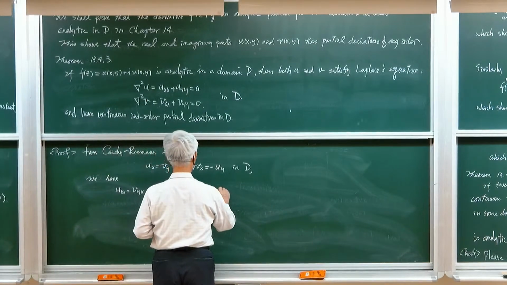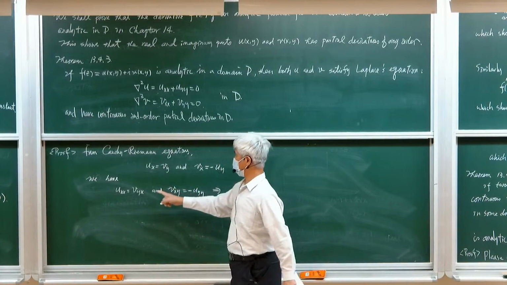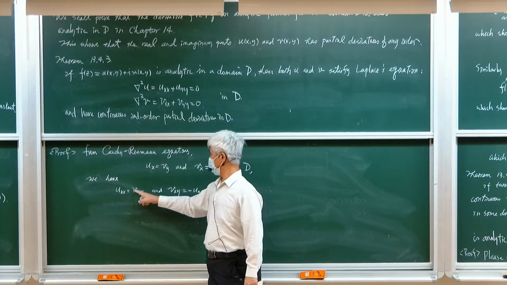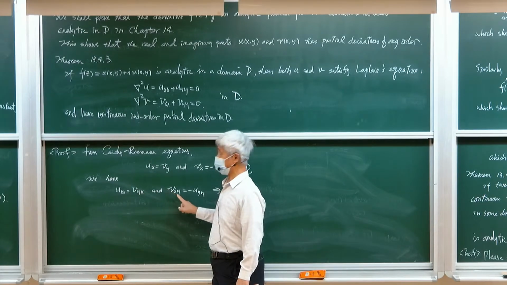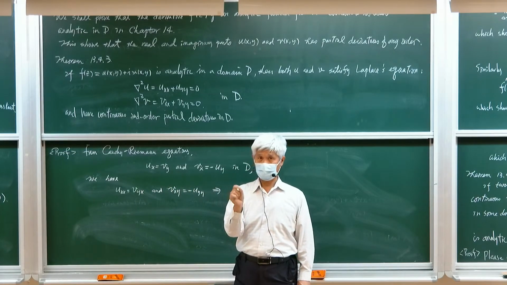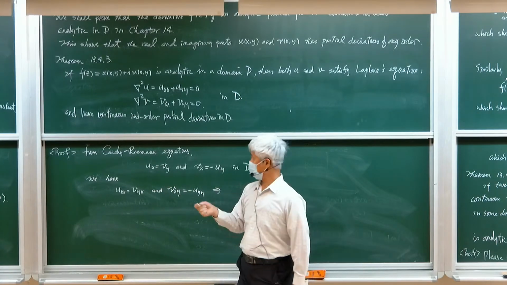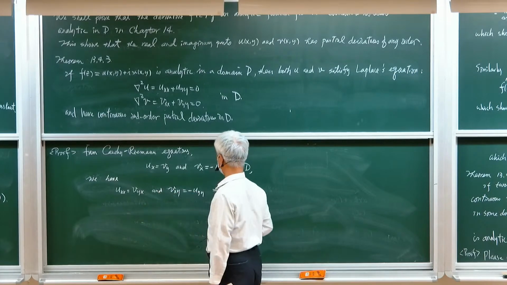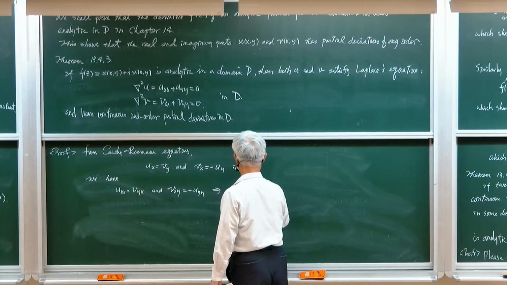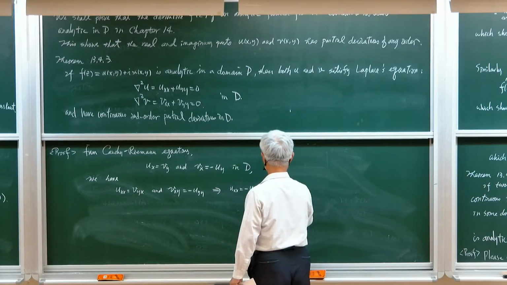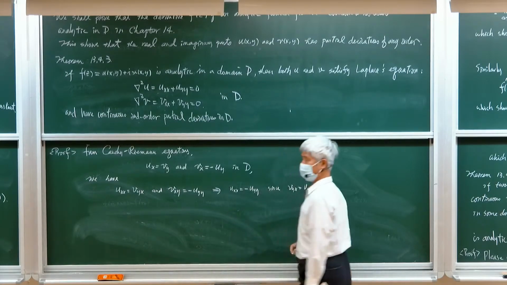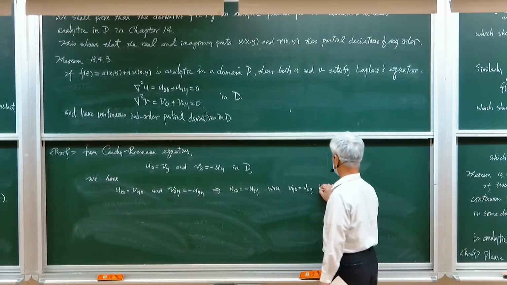And from these two, because the partial derivatives are all continuous, v_yx equals v_xy, so you can change the order of partial derivatives. This implies that u_xx equals minus u_yy, since v_yx is equal to v_xy by continuity.